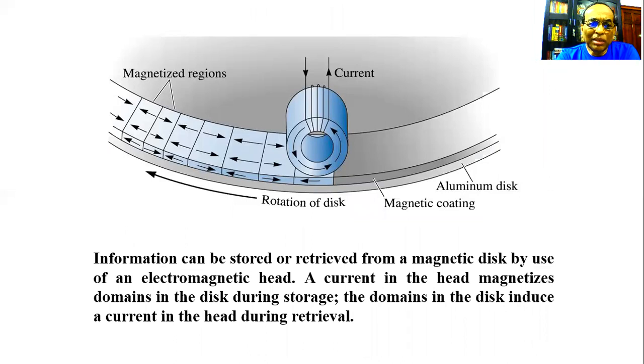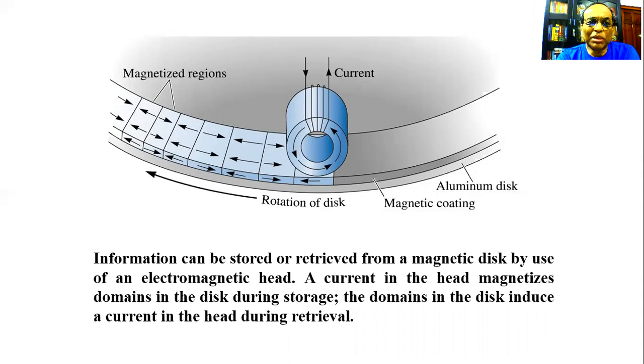This is the scheme of information storing or retrieval from a magnetic disk by use of an electromagnetic head. So the electromagnet is essential for all the heads. A current in the head magnetizes domains in the disk during storage.